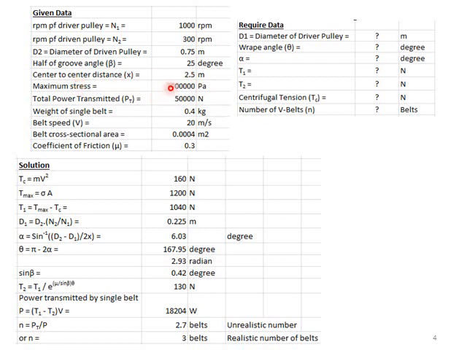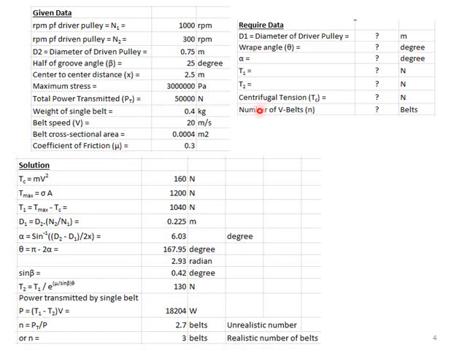Maximum allowable stress is 3 megapascal. Total power transmitted from the driver motor to the driven pump shall be 50 kilonewton. Weight of single belt is corresponding to 0.4 kg. The belt speed is 20 meter per second. The belt cross section area is transformed into meter square, which is equivalent to 0.0004. The coefficient of friction is 0.3.